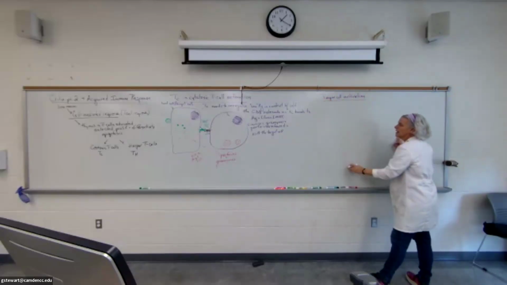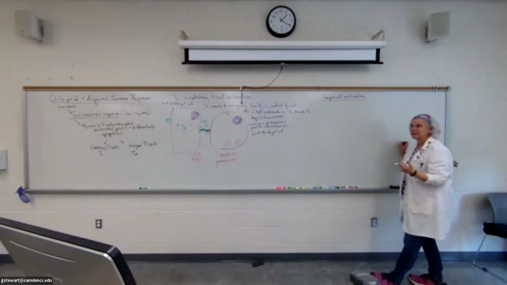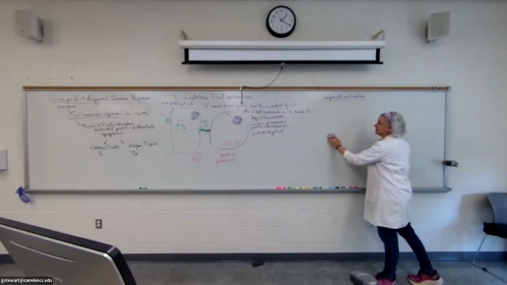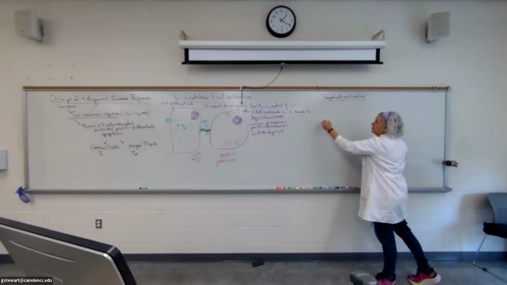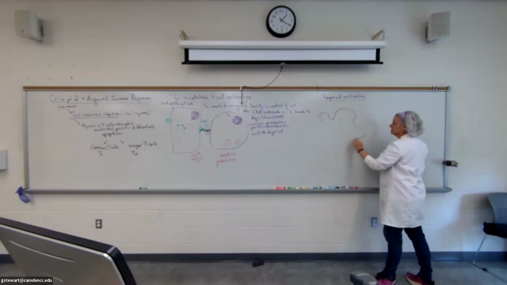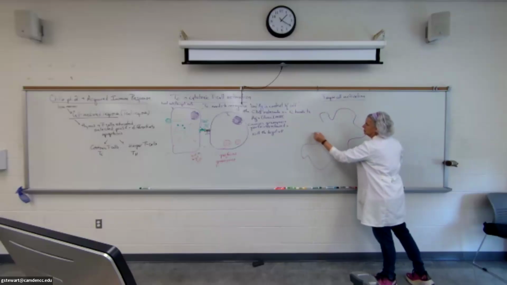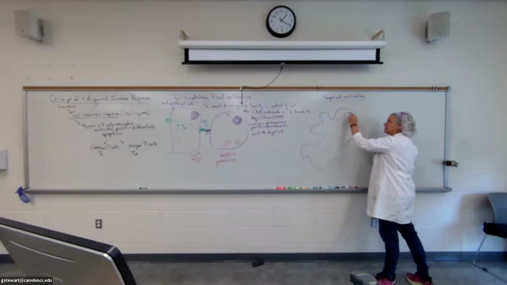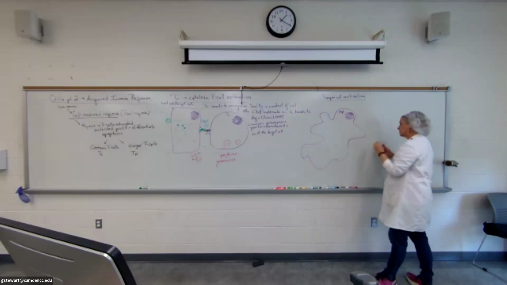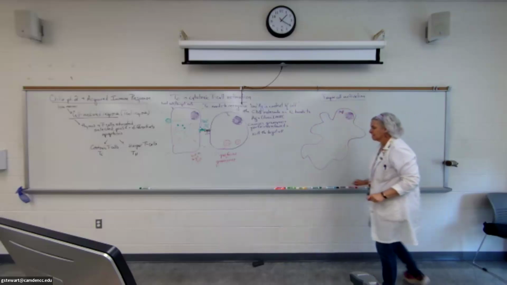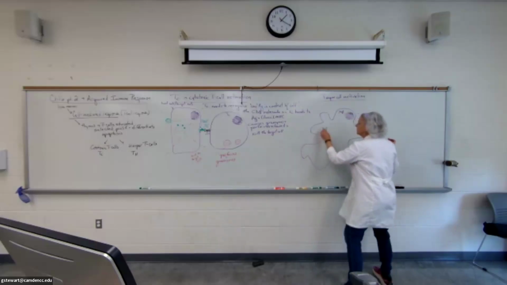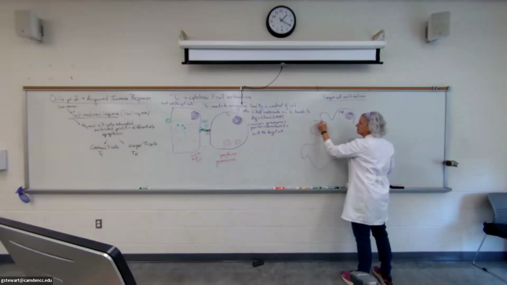So I'll draw a picture, but how they get the bit of antigen in that context of class 2 is, first I'm going to draw a macrophage, like a big phagocytic cell. Remember, that's the shorthand for macrophage, right? And I'm going to put my favorite bacteria over here.